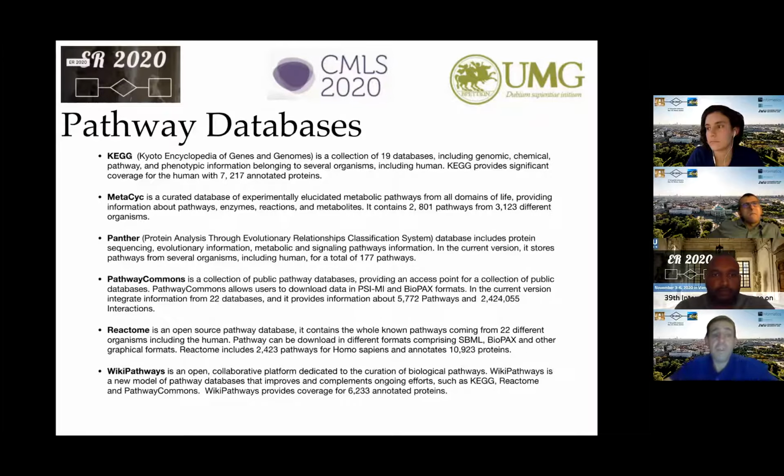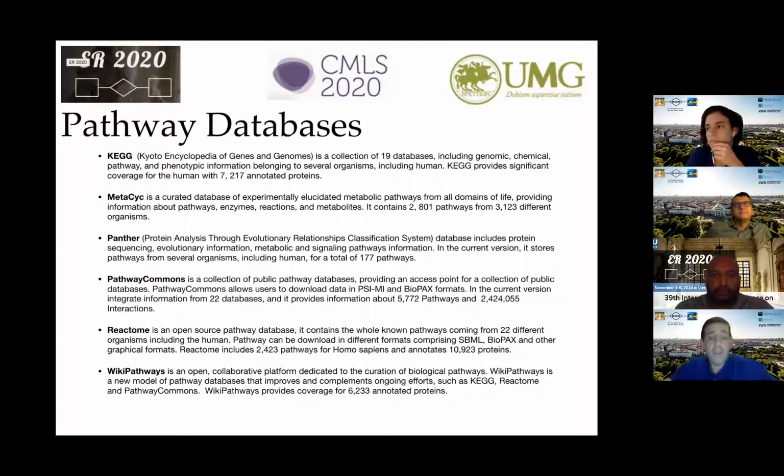After, we have PANTHER, Protein Analysis Through Evolutionary Relationship classification system, that includes information about metabolic and signaling pathways, among the others available. After, there is Pathway Commons, that is a collection of public databases that provide common access from a unique access point.